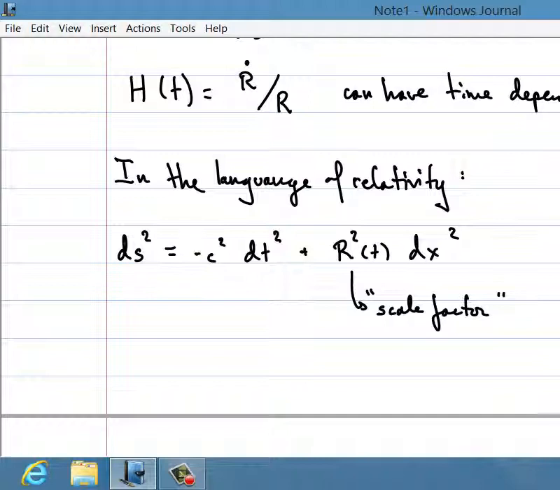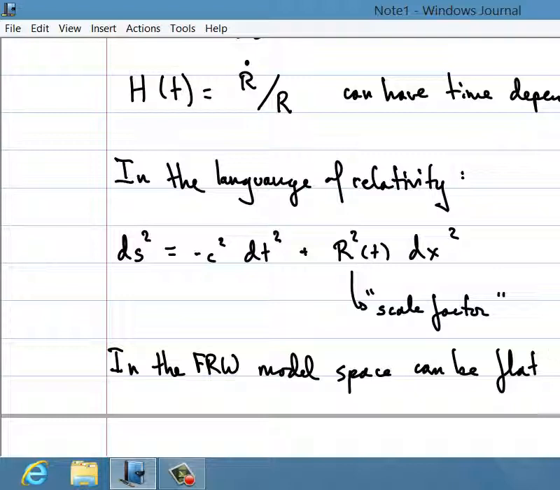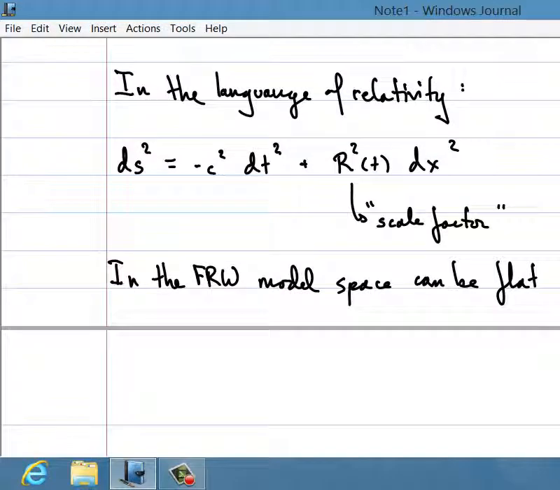In fact, the FRW model can be made a little bit more complicated. In the FRW model, space can be taken to be flat, so that the spatial part of the invariant interval is dx squared plus dy squared plus dz squared, namely the standard formula for measuring length squared as given by the Pythagorean theorem, or it can be curved.